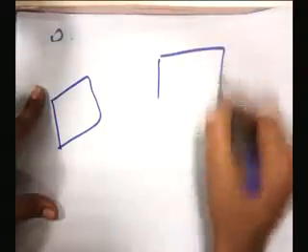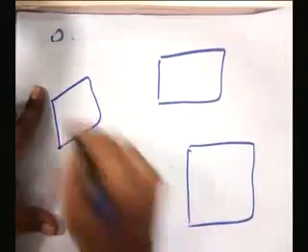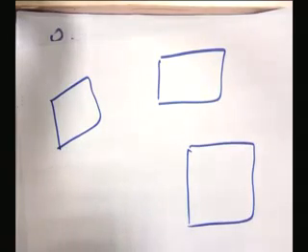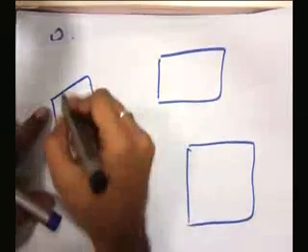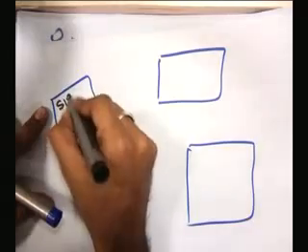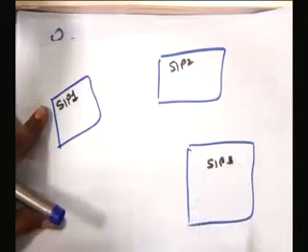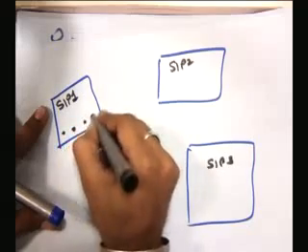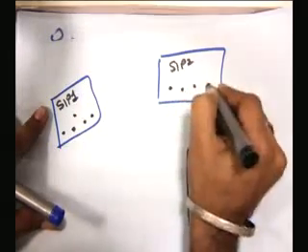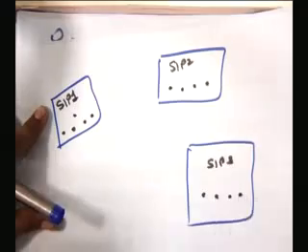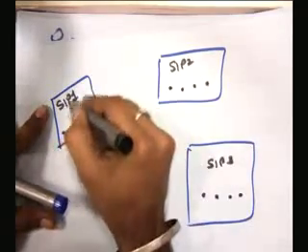So this is one village, this is another village, this is a third village. This is SIP 1, SIP 2, SIP 3, and these dots are users, these dots are users, these dots are users. So these dots are connected to SIP 1.